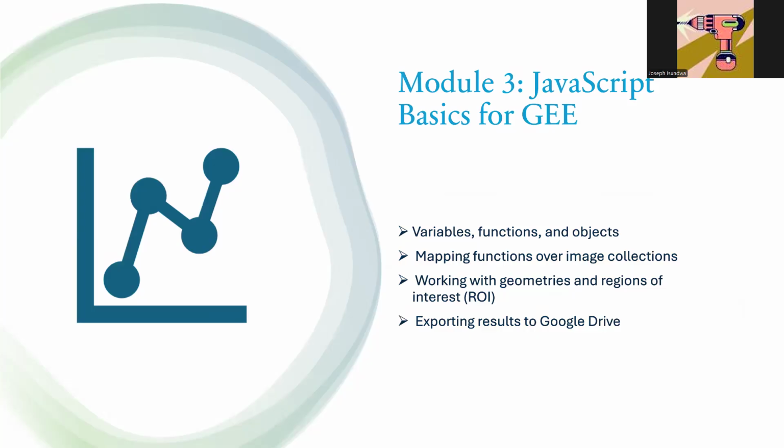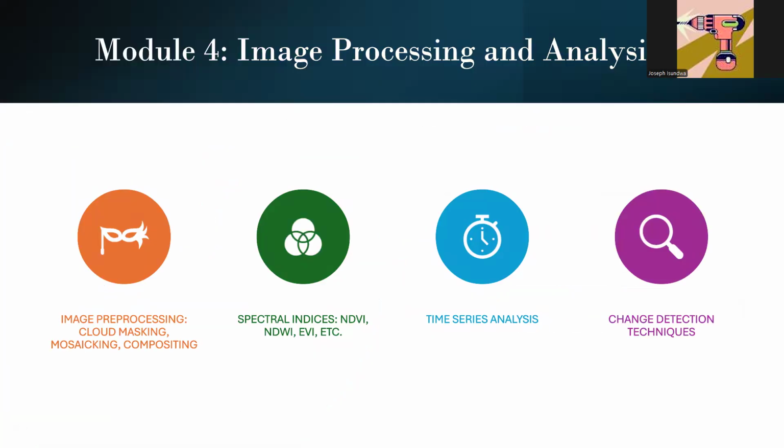And then we can complete it with exporting our data to Google Drive. Then we will move to the fourth module, where we'll be doing image processing and analysis. Under this, we will do image processing, cloud masking, mosaicing, and compositing.